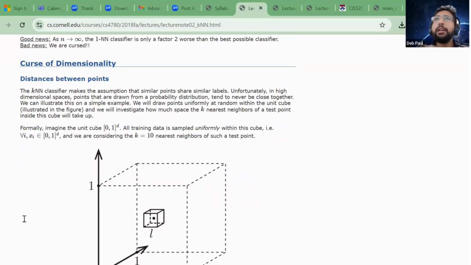It can be millions of dimensions. One of the problems for that is the curse of dimensionality. That is true for any machine learning model, and you have to be very mindful in dealing with machine learning problems when talking about this curse of dimensionality.